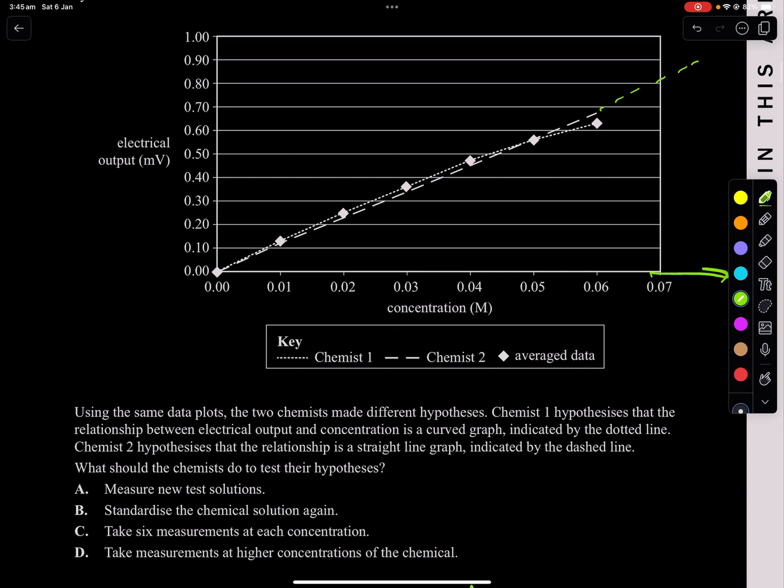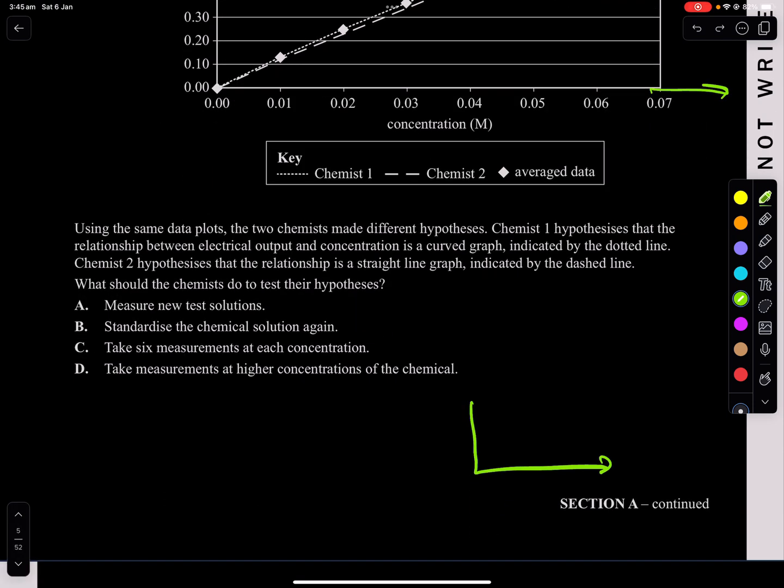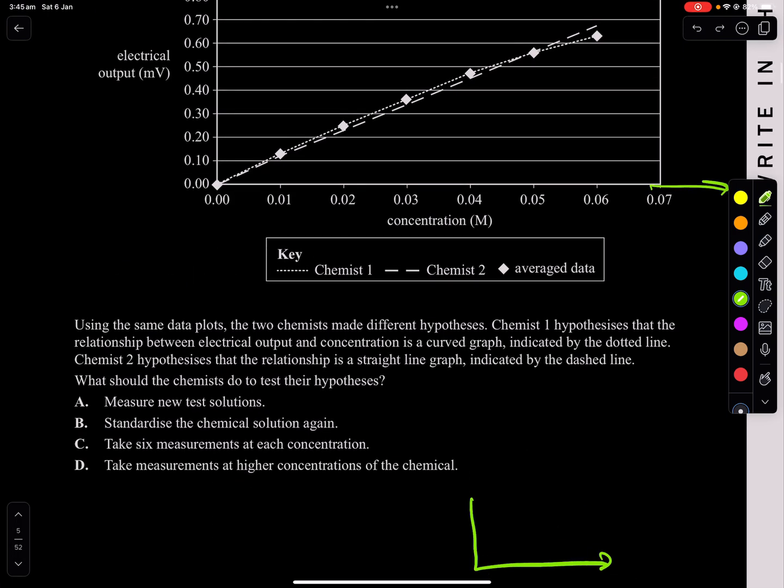And if it is a straight line, that's perfect. So it is a linear relationship. Or it could be a curve like that. So the way you would test the hypothesis is by plotting more concentration points. What should the chemists do to test the hypothesis? Measure new test solutions. What is that going to do, really? It's not going to really help.